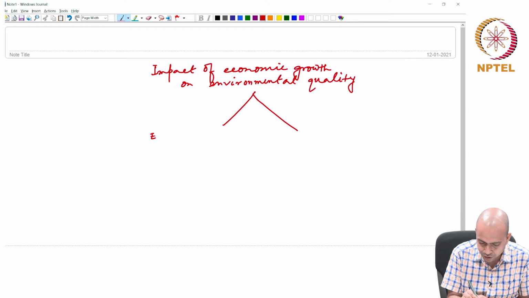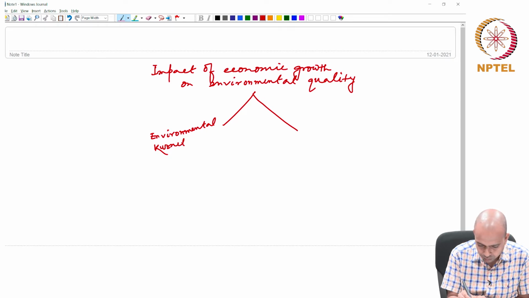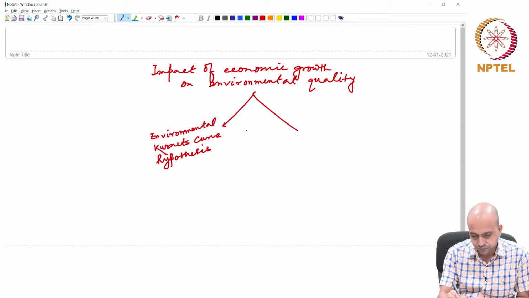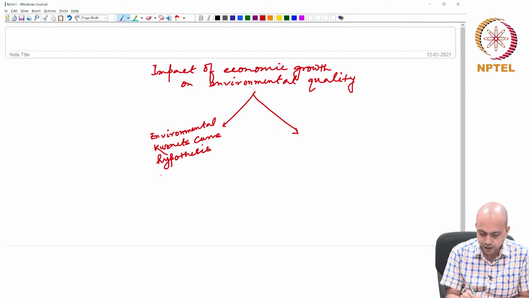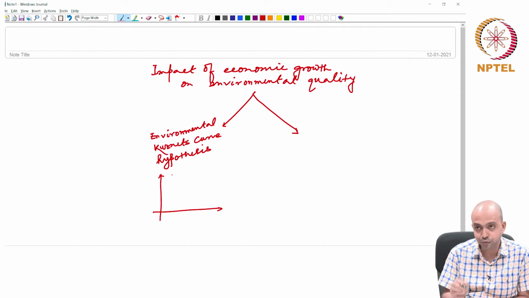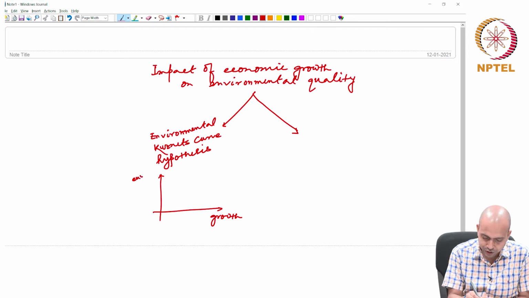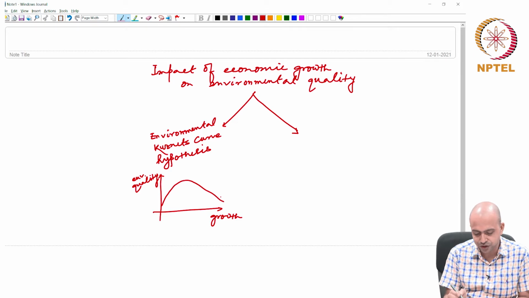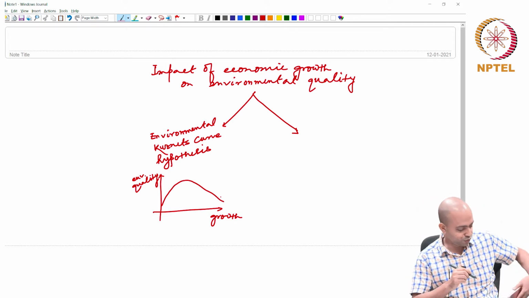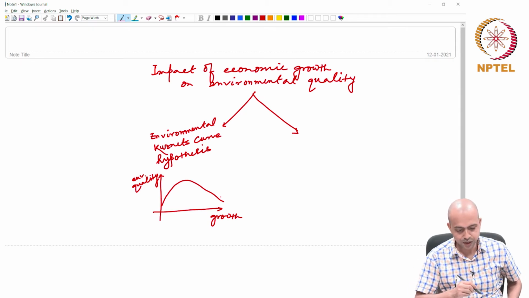It says that if you measure growth on the x-axis and environmental quality on the y-axis, then there is basically an inverted U-shape relationship between these two. Inverted U-shape relationship. What does it mean?